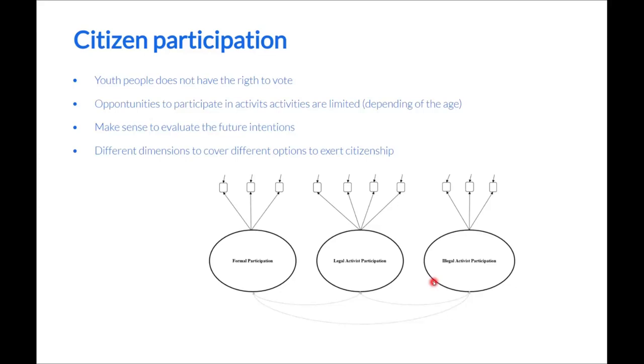Sometimes they participate in some elections in the schools, but it's not exactly the same. Because of that, I think it's important to use future intentions to participate. Here, the intentions have a justification in order to use them.